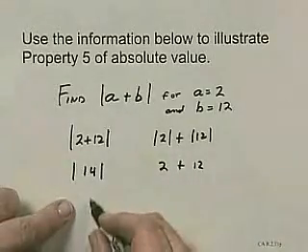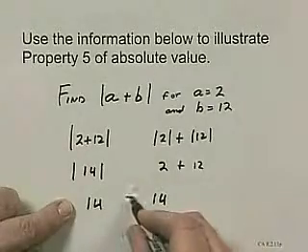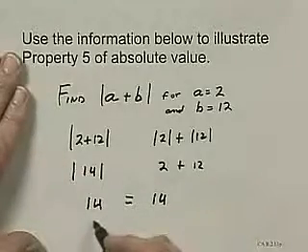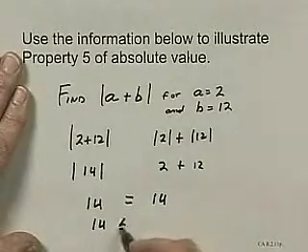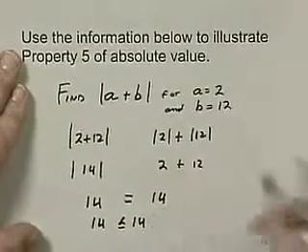On the left side, this is 14, and on the right side, it is 14, and they are equal, and so it upholds our triangle inequality, since 14 is in fact less than or equal to 14, since it is equal.